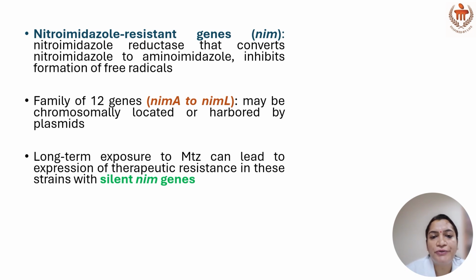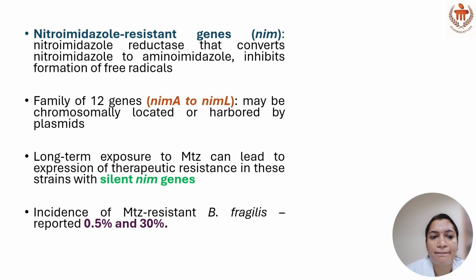Long-term exposure to metronidazole can lead to expression of therapeutic resistance in strains with silent NIM genes. That means if you do phenotypic AST, the organism may have a susceptible MIC, but if you do PCR, the susceptible isolate may still carry these silent NIM genes.